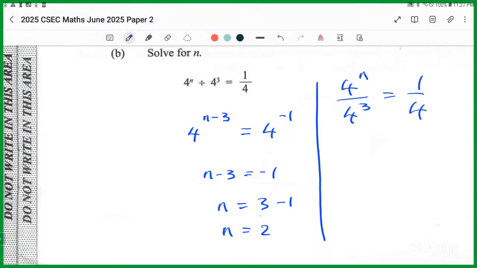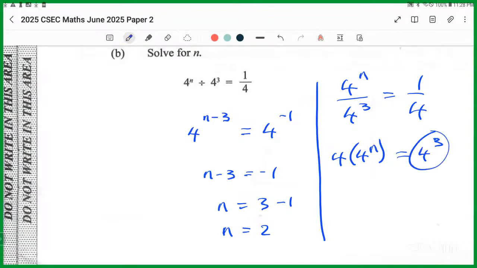And then sort of cross multiply. Cross multiplying over here, we would have gotten 4 times 4 to the n equals, multiply this over here, 4 cubed. If you want, you could work out what 4 cubed is.